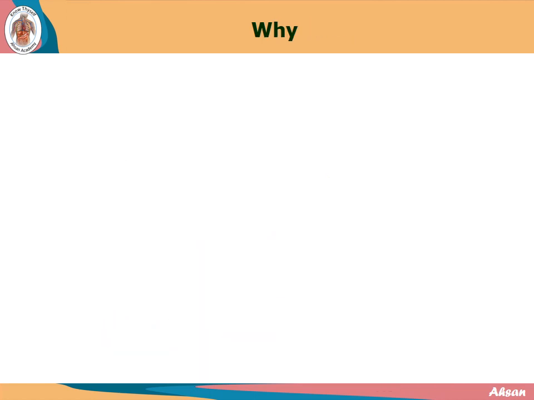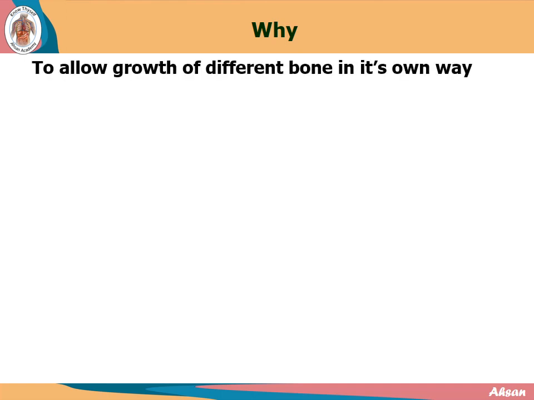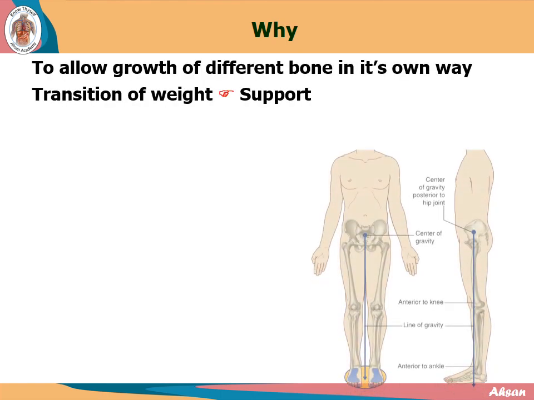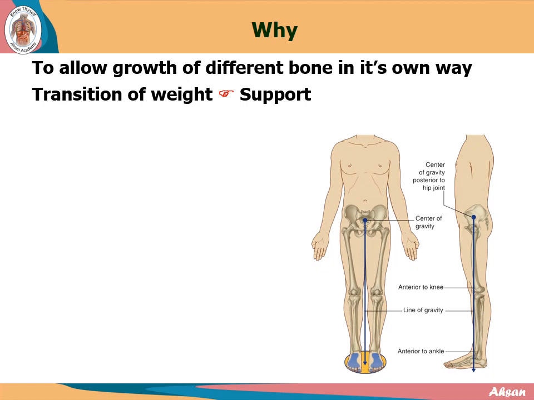Why is a joint required? The skeletons are formed by several bones. Each bone is separated and grows at a different rate. So this skeleton is completed by the joint, keeping the possibility of growing at different rates. The joint is such a mechanism that prevents the displacement of two or more bones.